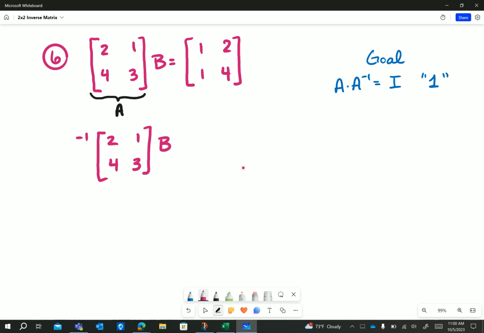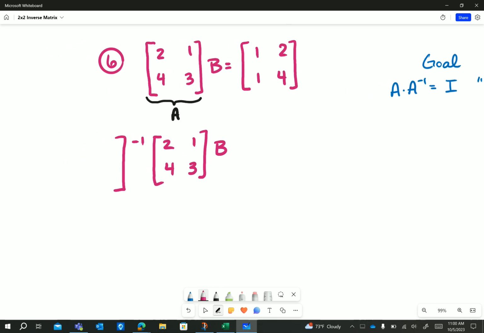I need to multiply it by its matrix inverse, because if I multiply those two, I will get the identity I. But if I do that, I must do it on the other side as well.